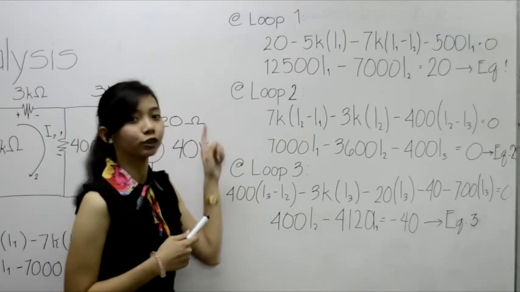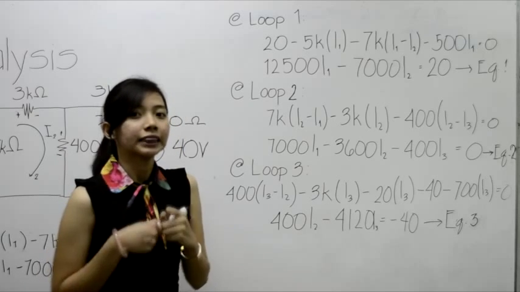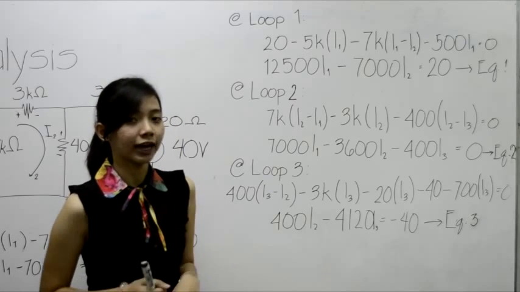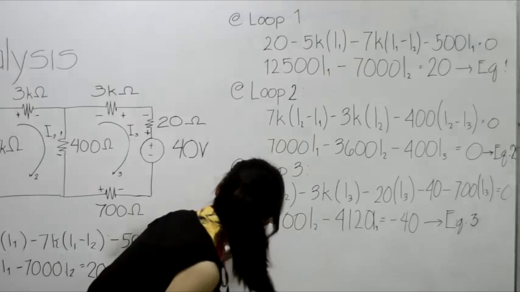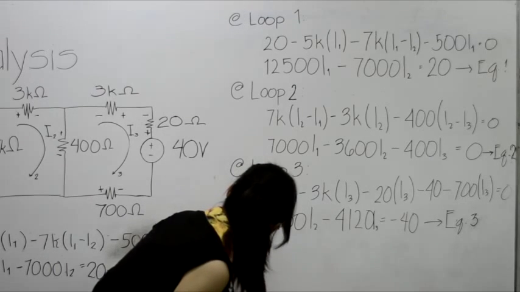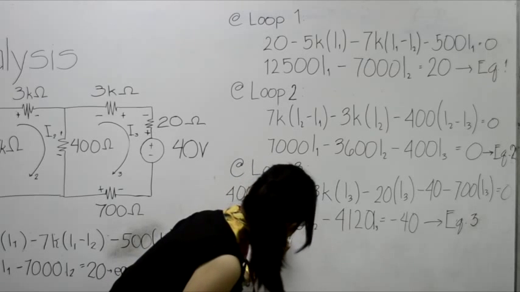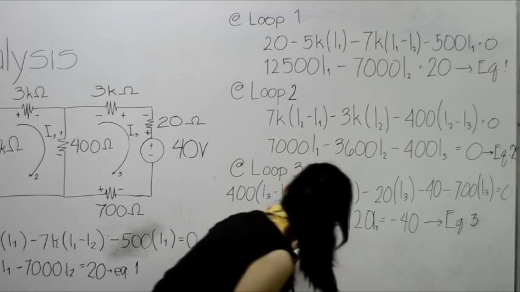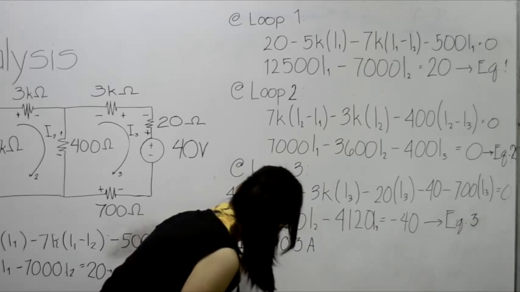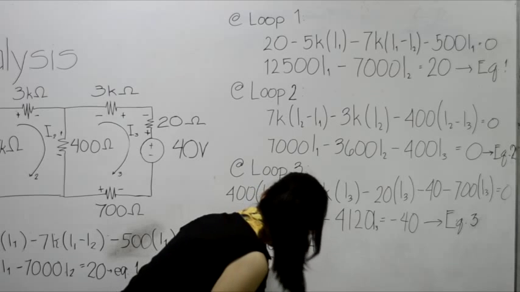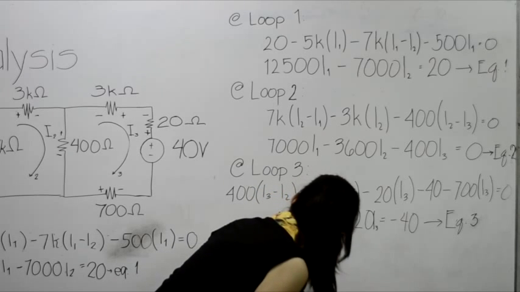Solving equations 1, 2, and 3 simultaneously, we could be able to determine the circulating currents I1, I2, and I3, which is, for I1, equal to negative 0.013 amperes. For I2, negative 0.026 amperes.